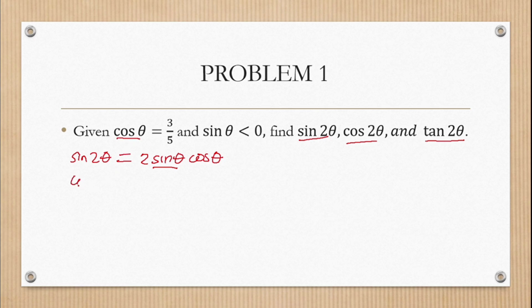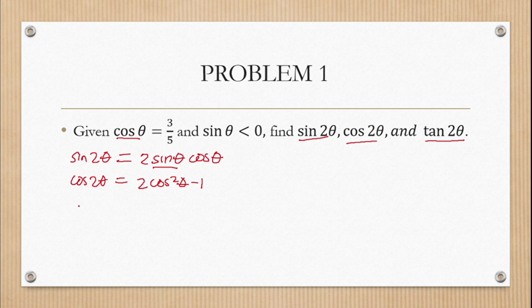Next, we have cosine 2 theta is equal to 2 cosine squared theta minus 1. No need to get sine theta here because we already have cosine theta.